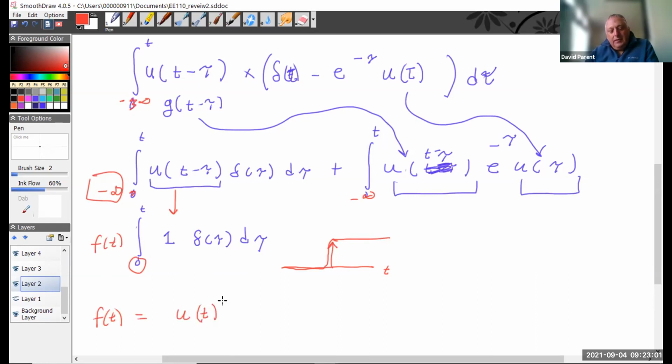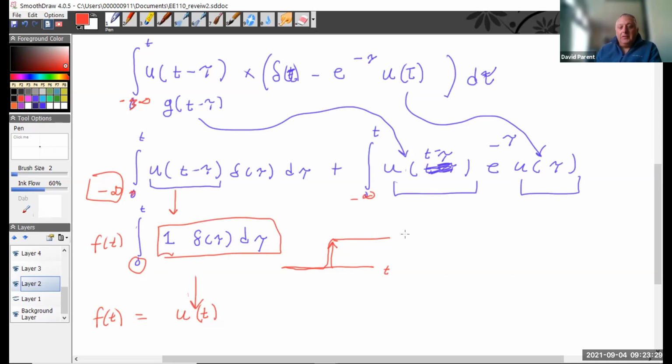You just know that's true: if I integrate a delta function over time, I'm going to get u(t). That's just the way it is.